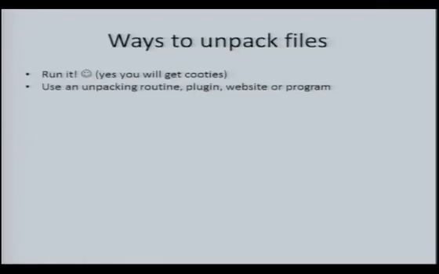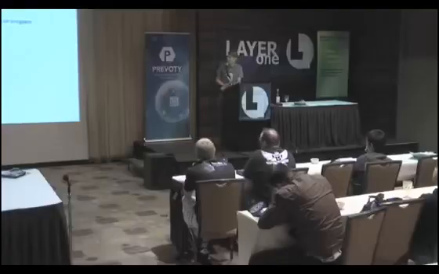That's fine. The ones that you're not going to have unpacking stuff for are custom-rolled packers. Some guy wrote his own packer. Unless he's used that packer a lot, you're not going to have a script or a plugin someone's already written for it. You can unpack manually.